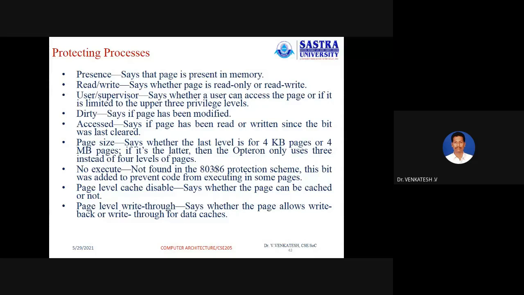Accessed says if the page has been read or written since the bit was last cleared. So this particular page, whether it has been read or written, is going to be checked. If it is not accessed, it has to be cleared. Periodically I check whether that particular bit is 0.